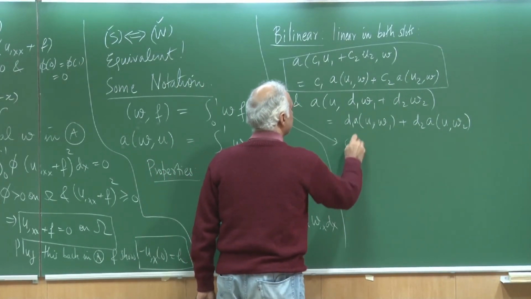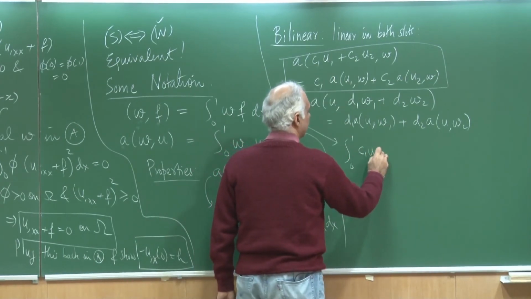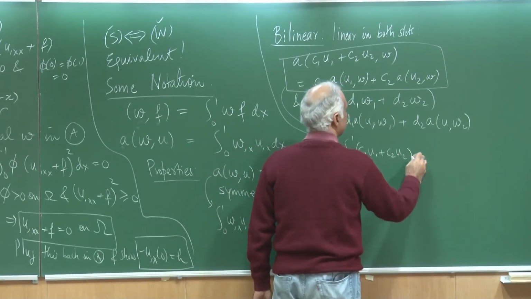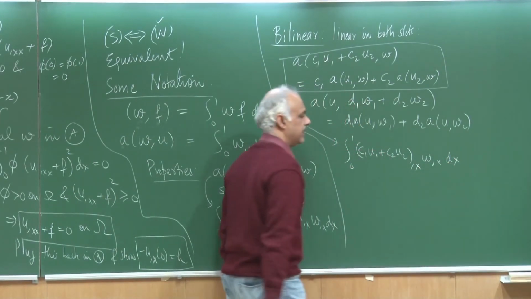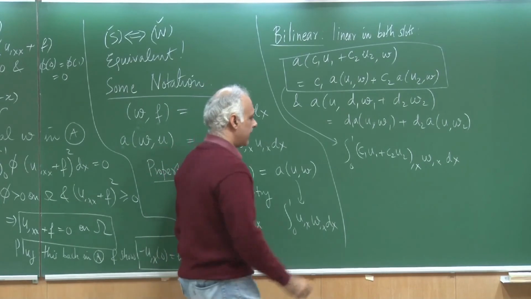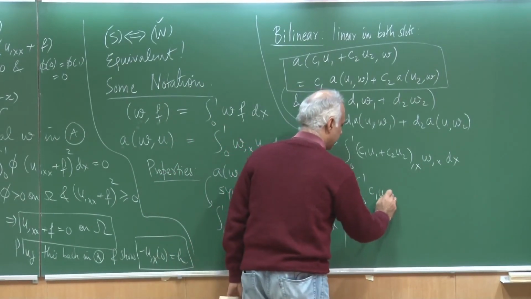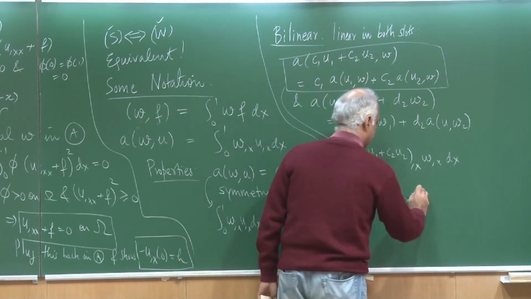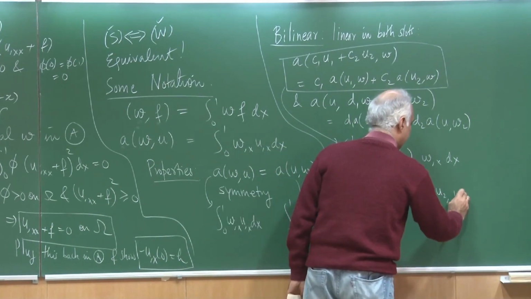I take the integral from 0 to 1. So this one is given as (C1 U1 + C2 U2),x times W,x dx. And then I can break up this integral as C1 U1,x W,x plus C2 U2,x W,x dx.